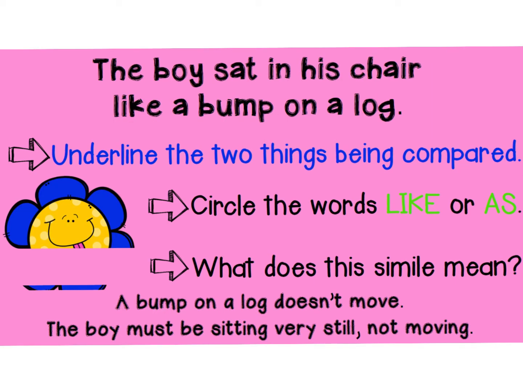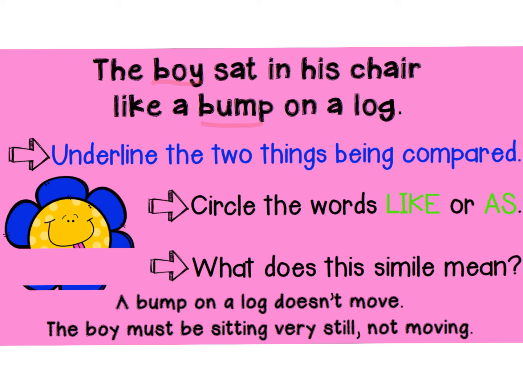On this slide, we have another simile. The boy sat in his chair like a bump on a log. Okay, so the first thing we're going to do is underline the two things that are being compared. So we are comparing the boy to a bump. Okay, and we are also going to circle either like or as.